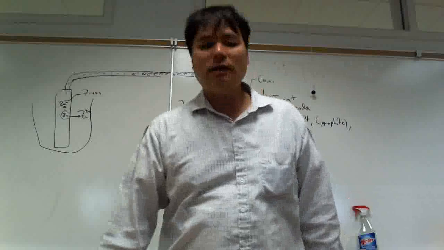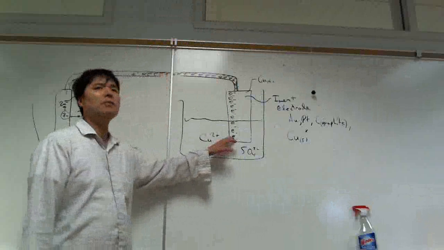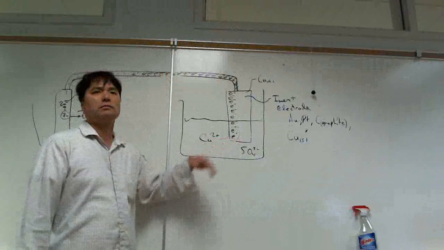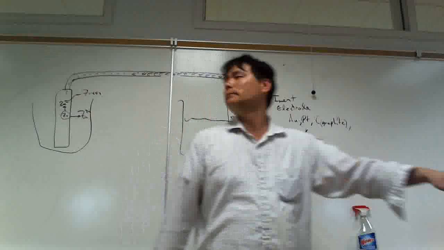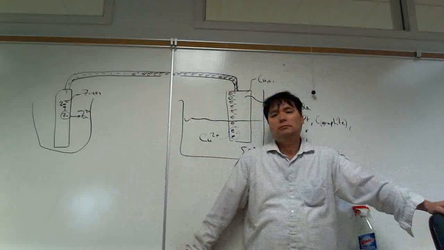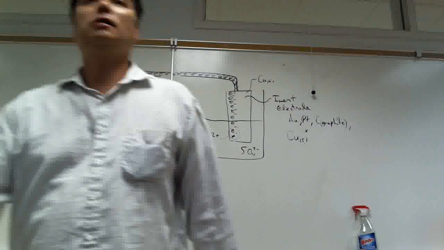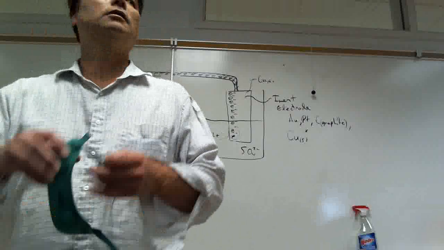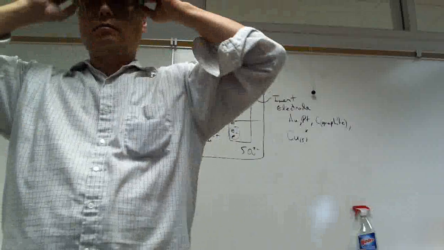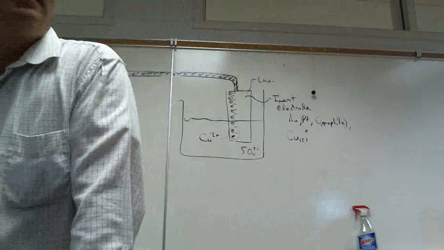And see if you see some crystals of copper metal forming on the copper electrode. Actually, we'll need goggles for this. I don't want anything to splash up. What, do bubbles and stuff happen? Bubbles, yeah, could happen.